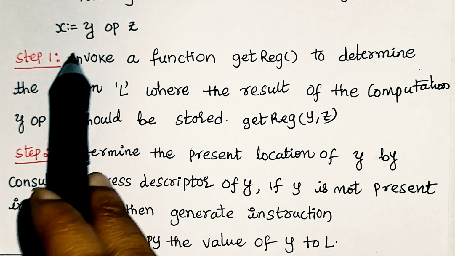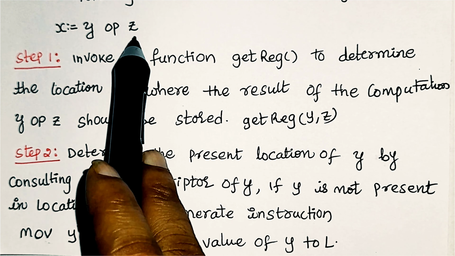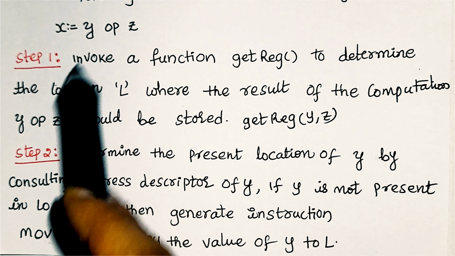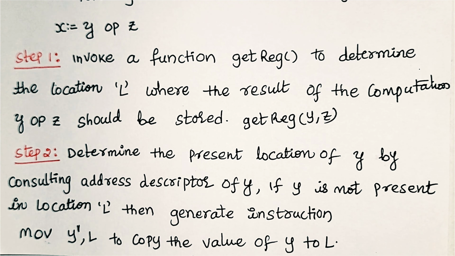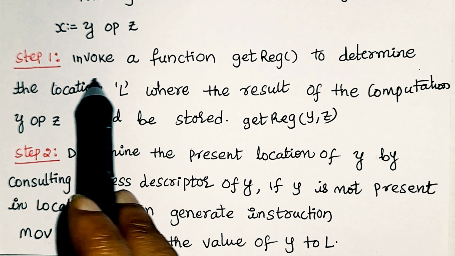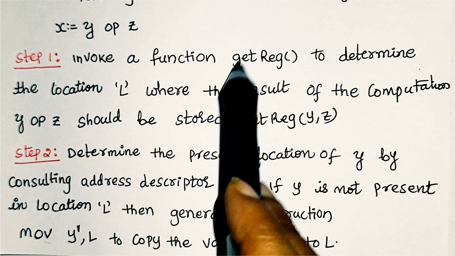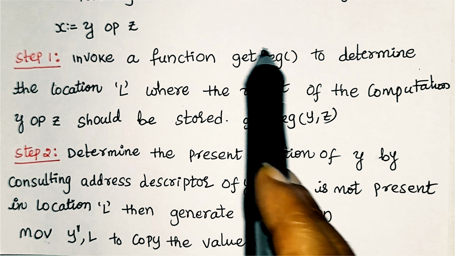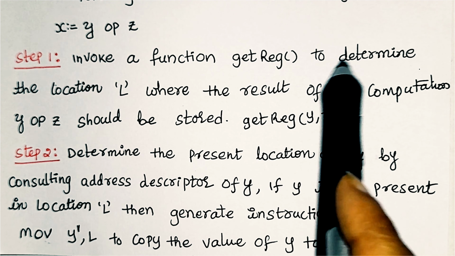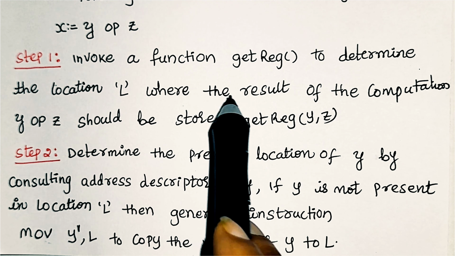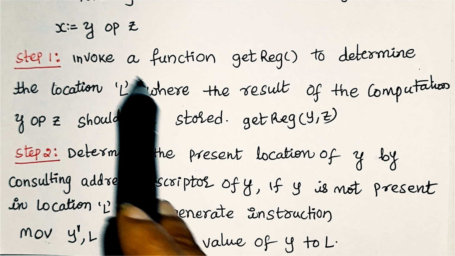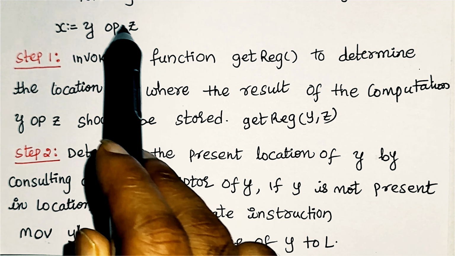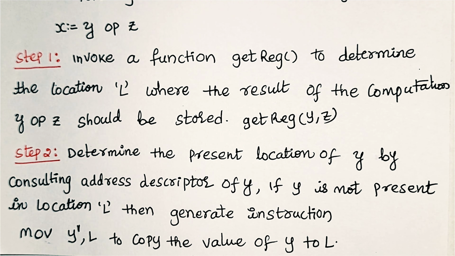You see x is equal to y op z. Let us say the op value is plus, so y plus z is to be stored in some location. So we invoke the function getReg to determine the location L where the result of computation y op z should be stored. This result location, let us say L, friends.